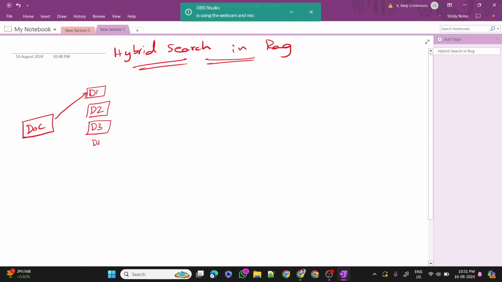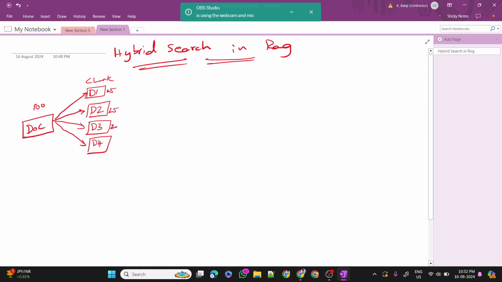For example, let's take an example: this document consists of 100 lines. The first 25 lines are present in the first chunk, and the second 25 lines are present in the second chunk.